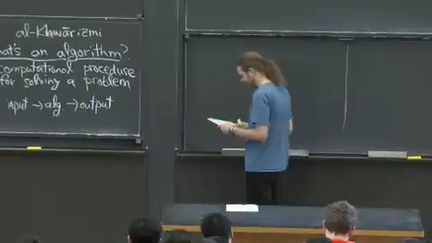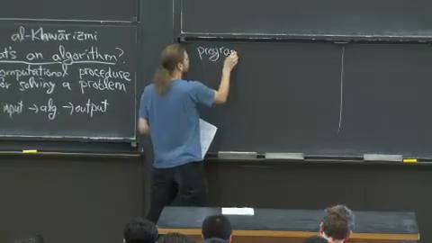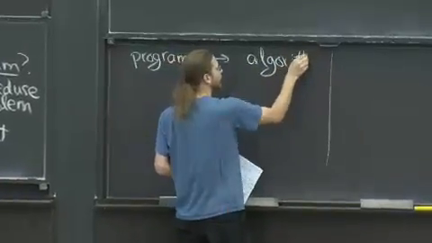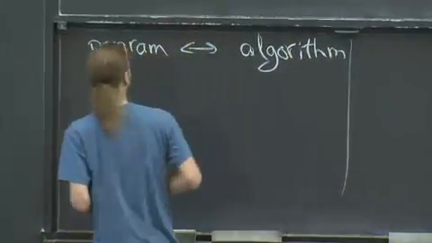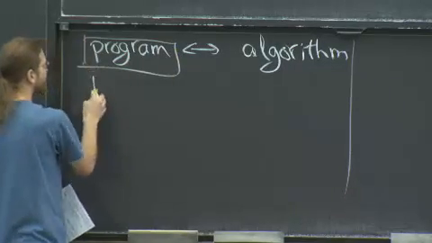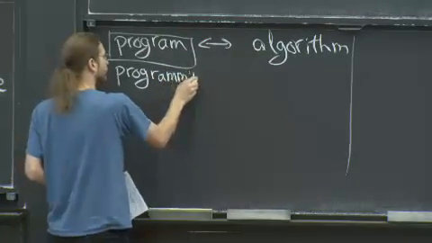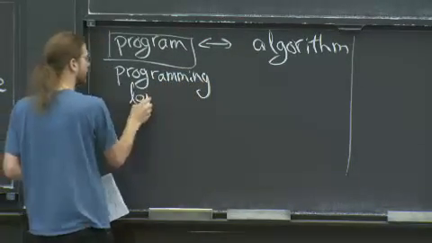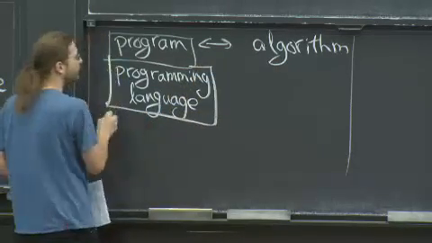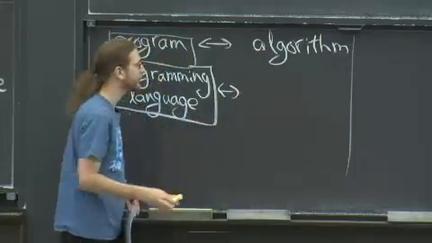Now, you can draw a picture of sort of analogs. An algorithm is a mathematical analog of a computer program. A computer program is built on top of a programming language. It's written in a programming language. The mathematical analog of a programming language, or what do we write algorithms in?